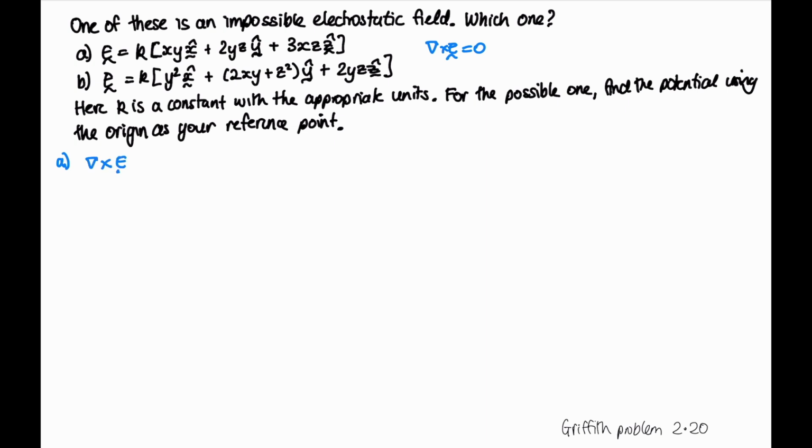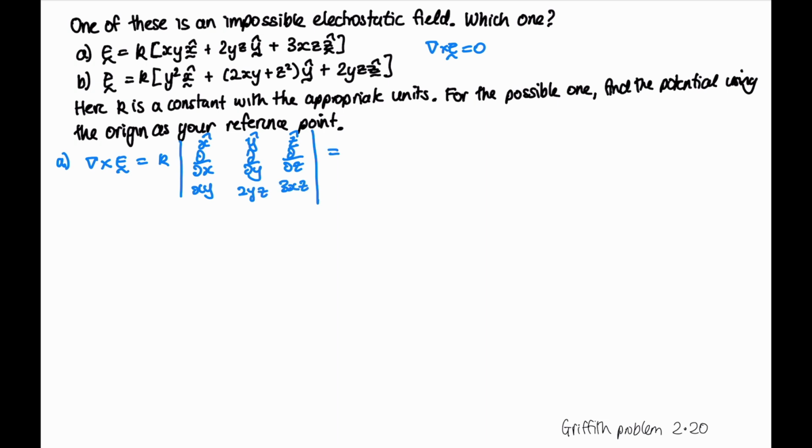The curl of E in this case is equal to k, and then we need to find the determinant of x, y, z, and d/dx, d/dy, d/dz, and we've got xy, we've got 2yz, and then 3xz.